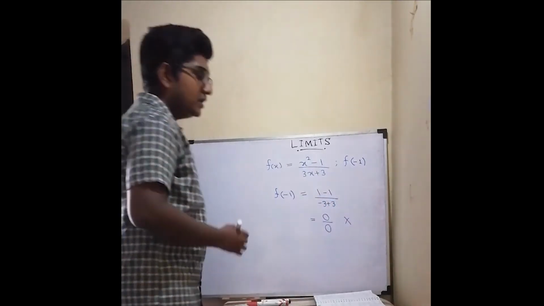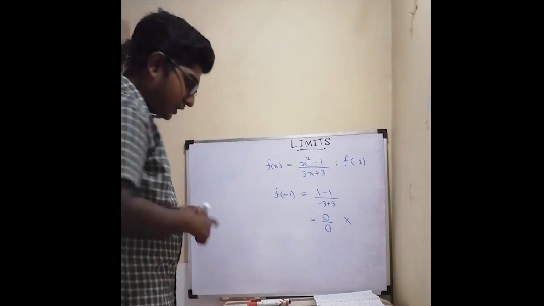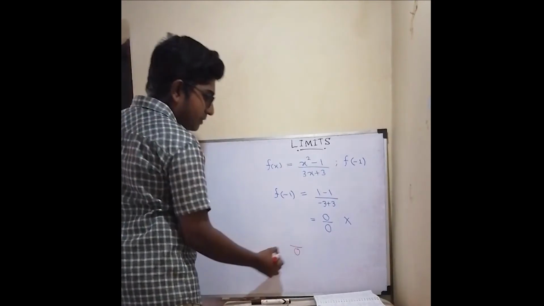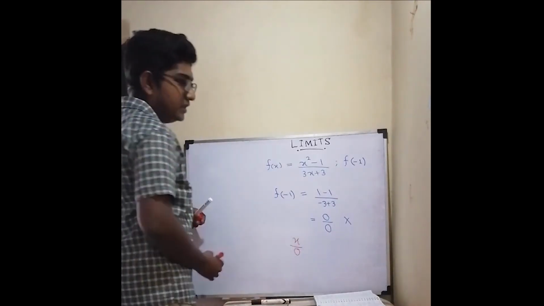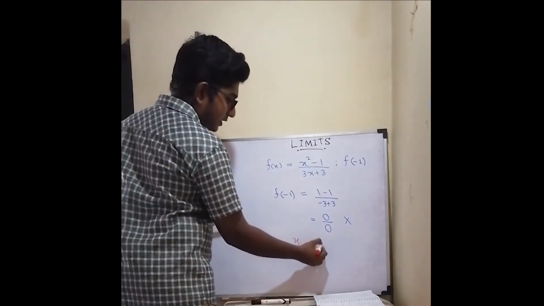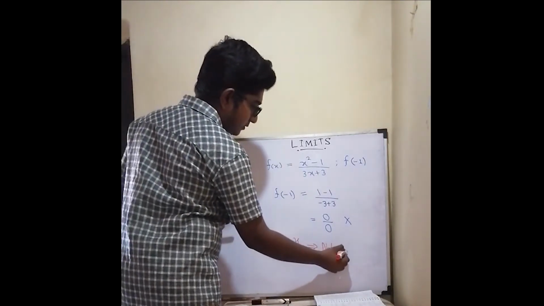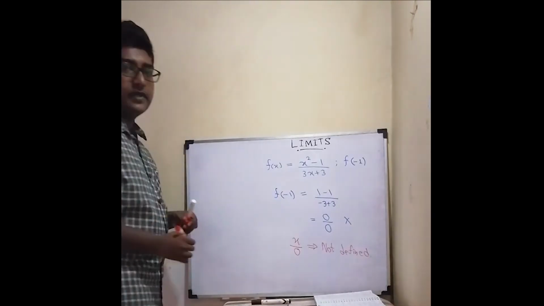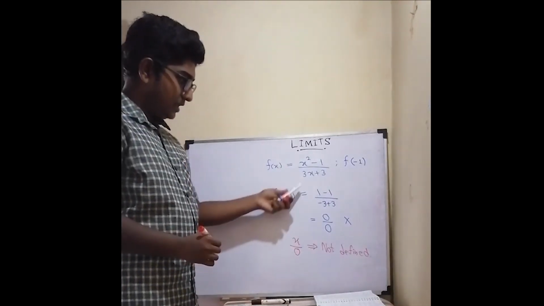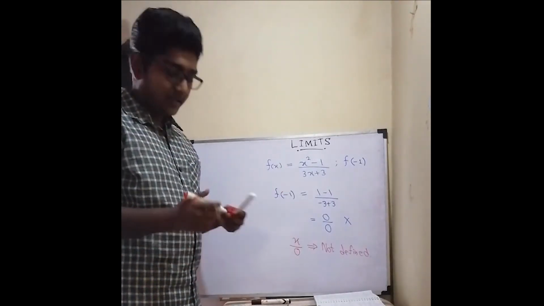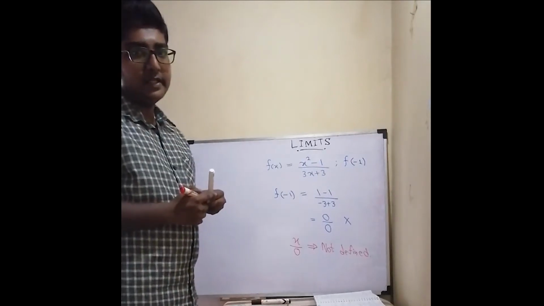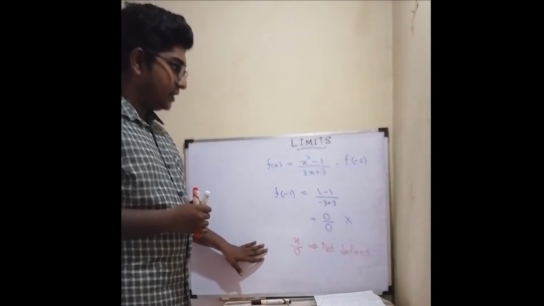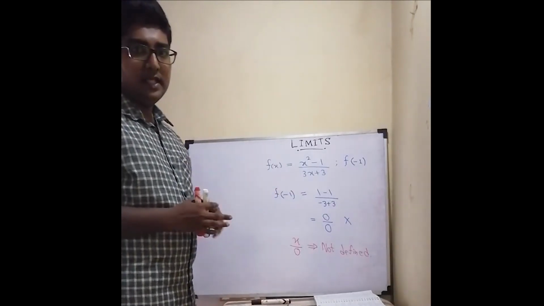This is not acceptable. Why? In mathematics we know anything divided by 0 is not defined. So we can't have such answers. That means we can't have zeros in the denominator. To avoid this problem, we have a lesson called limits.